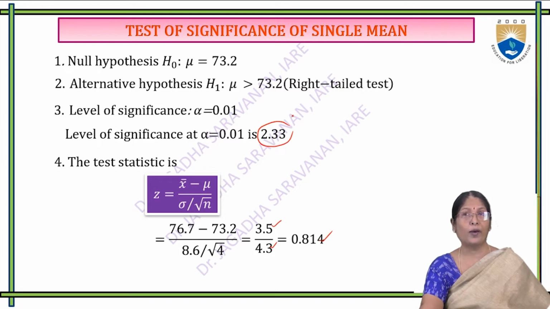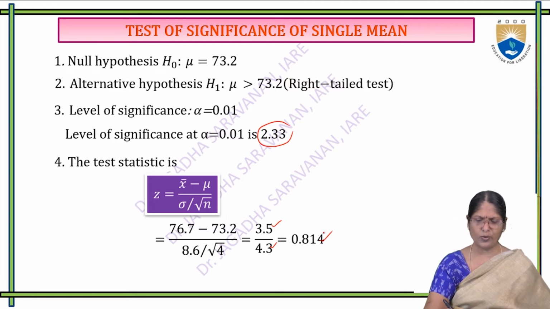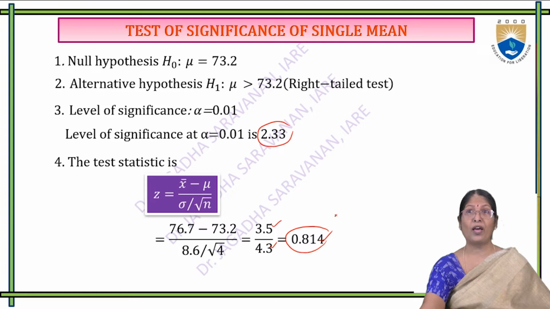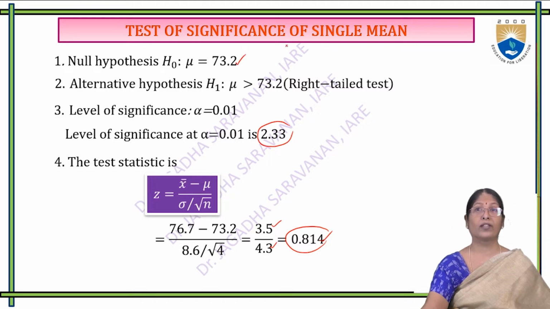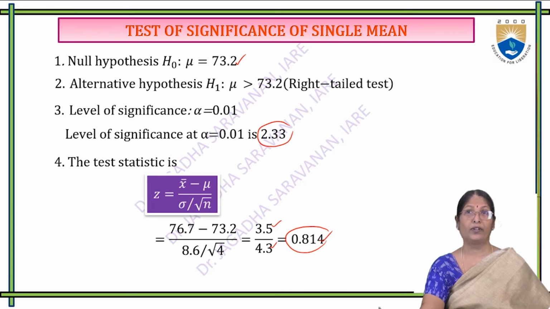The 2.33, how we obtained it, is from the table, which we discussed a minute earlier, the tabulated value. And this is the calculated value. Always the tabulated value should be higher; then we can accept the null hypothesis. This point is to be noted very carefully.